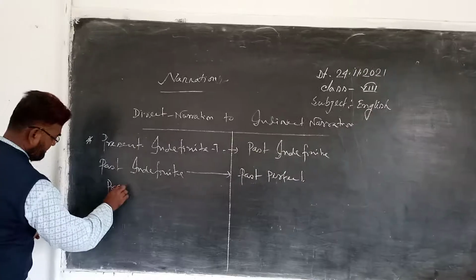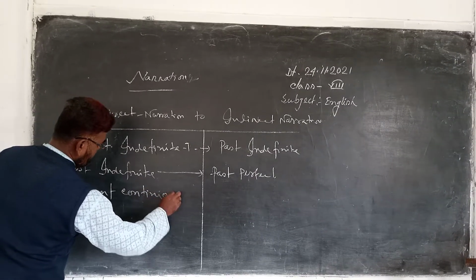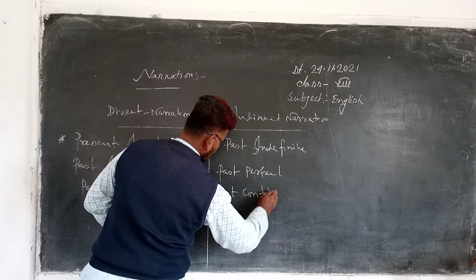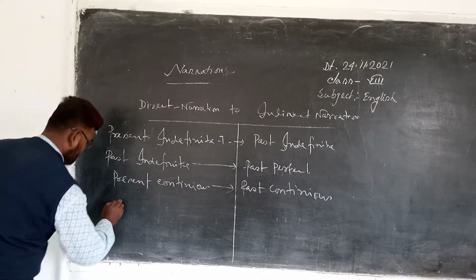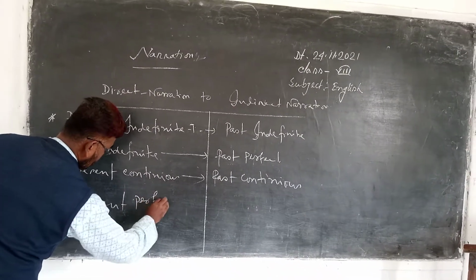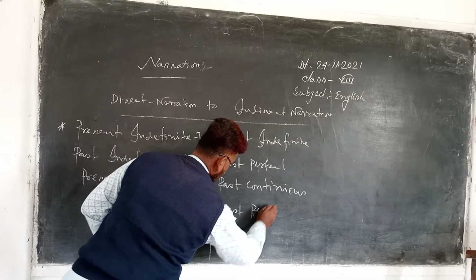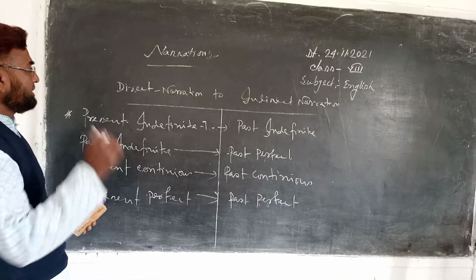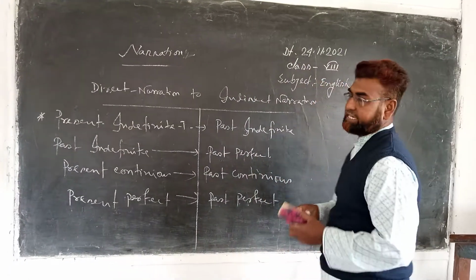Present continuous to past continuous. Present perfect to past perfect. You understand? In this way, at the time of changing narration, the tenses will change. So now we can go to a direct example.